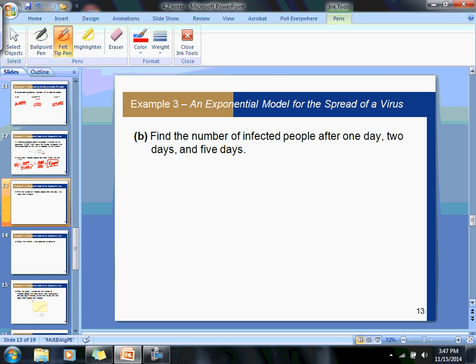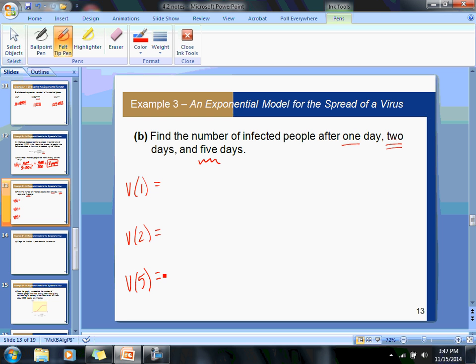Now for part B, we're going to take that same function and apply it to figure out how many people were sick after 1 day, 2 days, and then 5 days. So we have to do V of 1 and V of 2 and V of 5. When we do this in class, I'll probably break it up, have different rows do different equations.